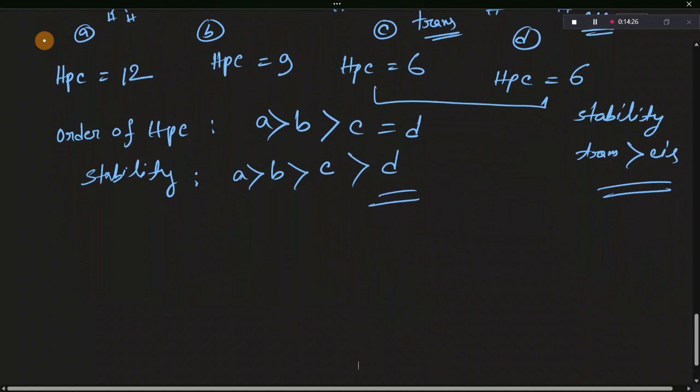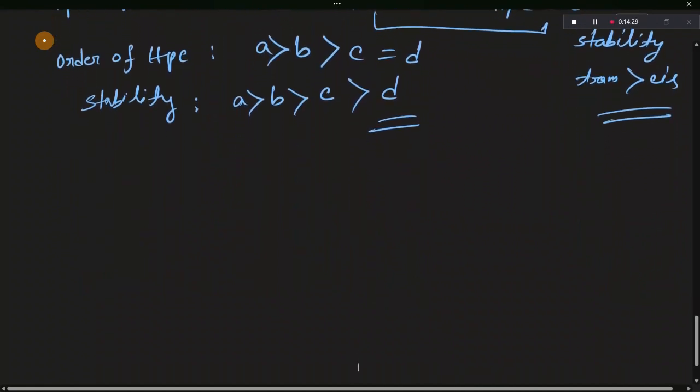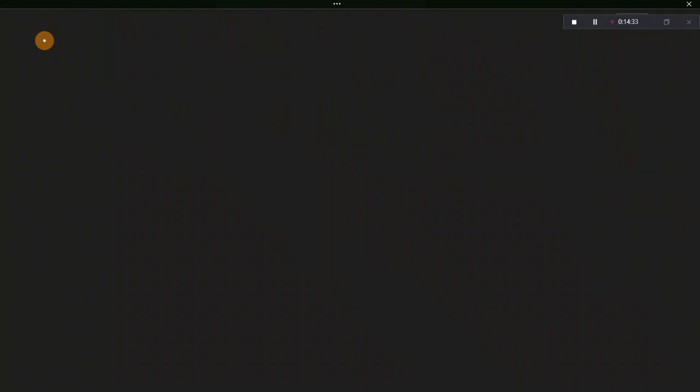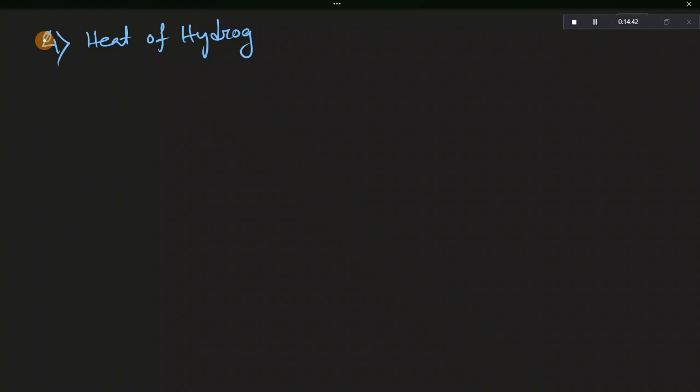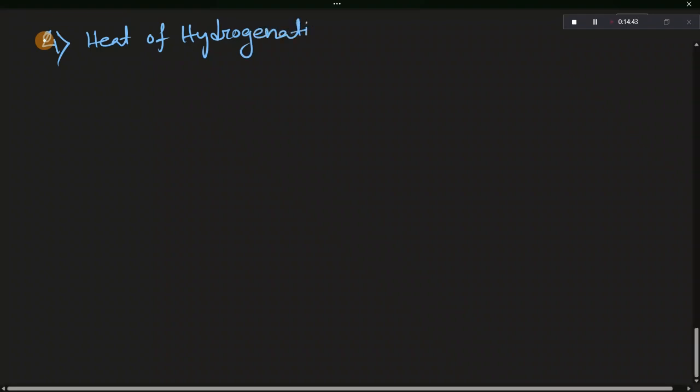Now the next application is heat of hydrogenation. We consider heat of hydrogenation. What is heat of hydrogenation?